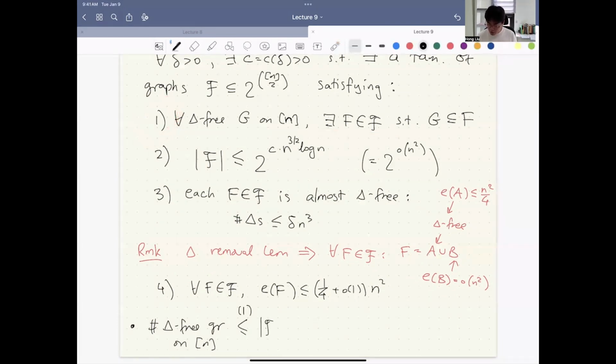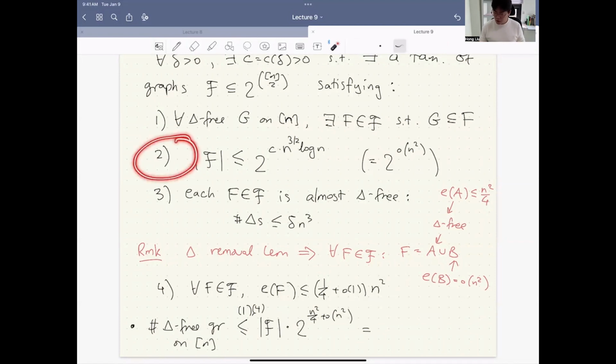So it's at most the total number of containers, times, since each container is not too large, 2 to the n squared over 4 plus little o of n squared. Then this, by the second property, is 2 to the little o of n squared, times 2 to the n squared over 4 plus little o of n squared. We are done.